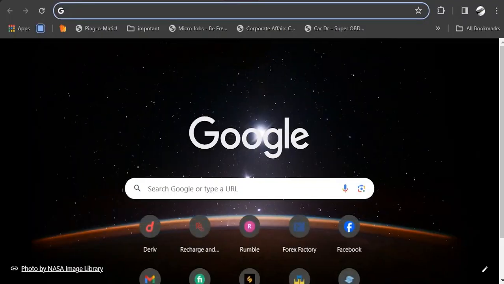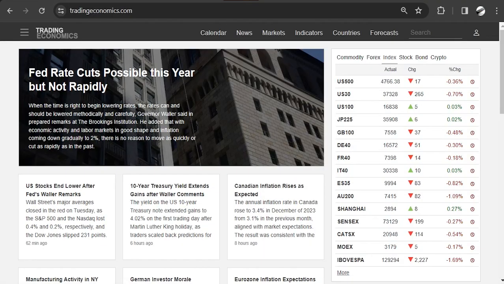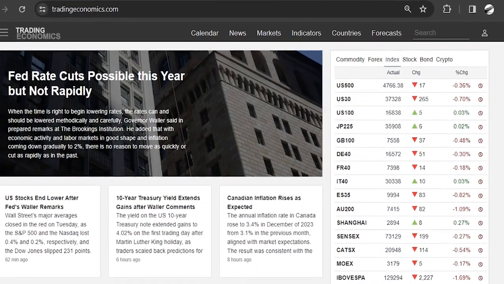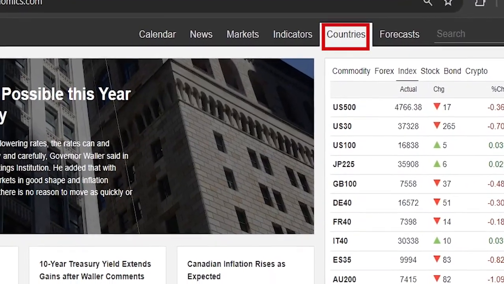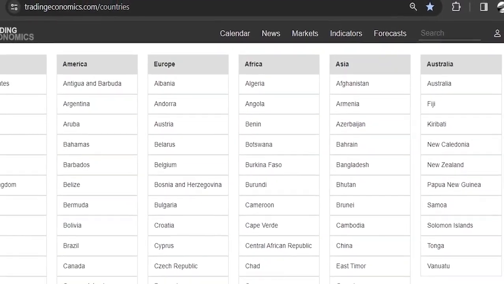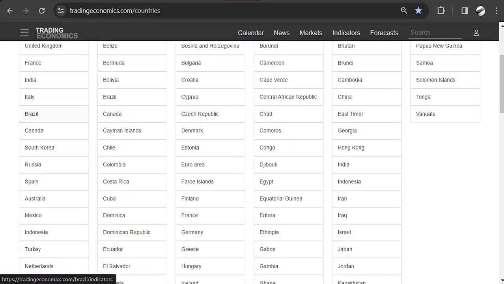So to do this, let's go to a website where we can find interest rates of different currencies. There are two ways to access the currencies on this website. You can go to countries, and here are the G20 countries. You can access the currency rate of each of these countries here.